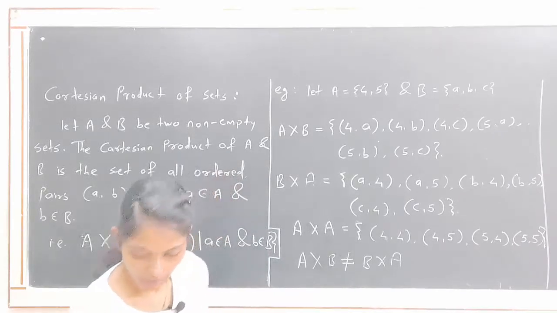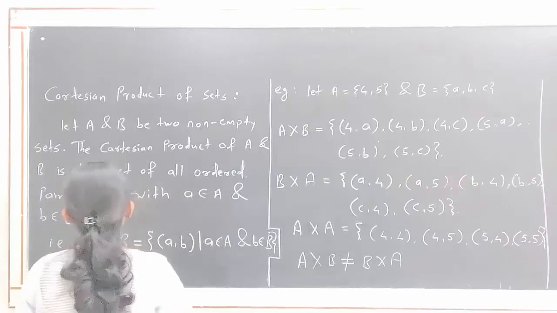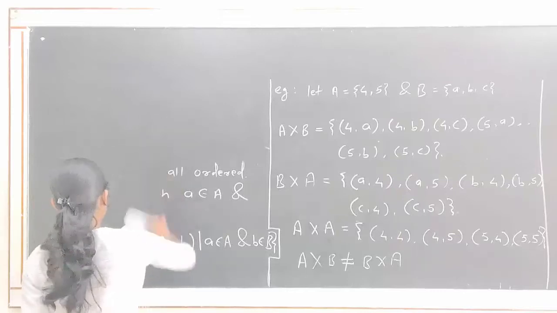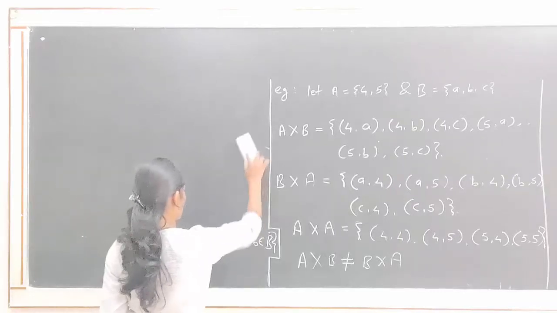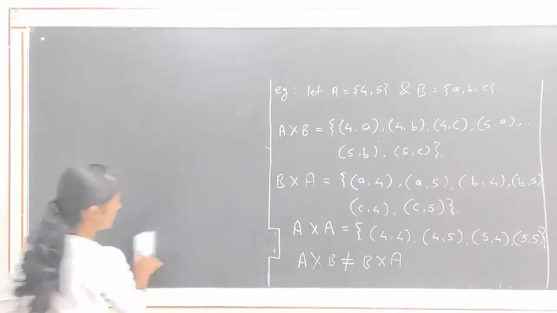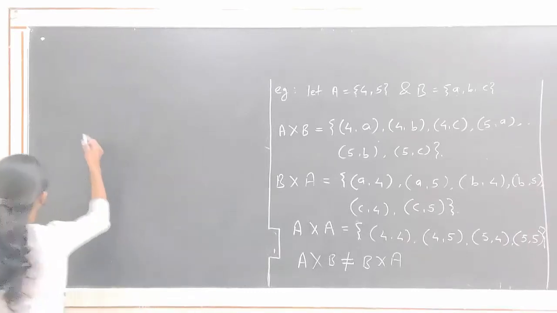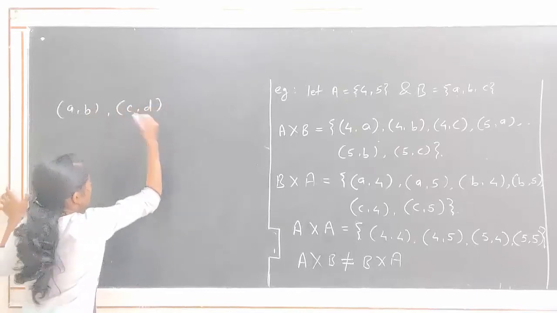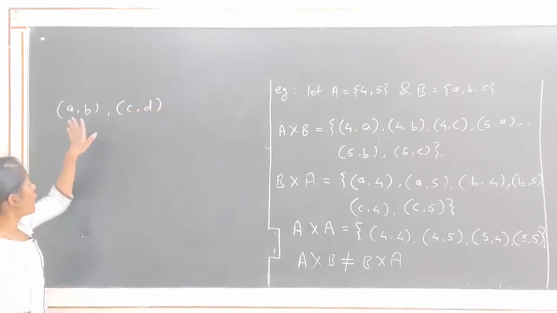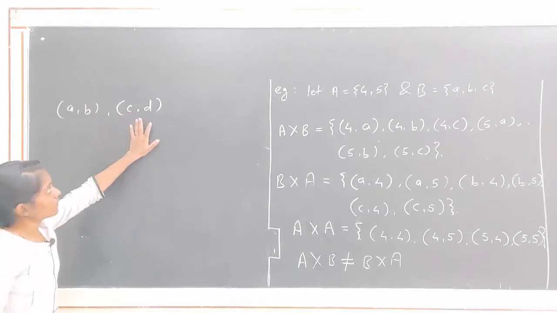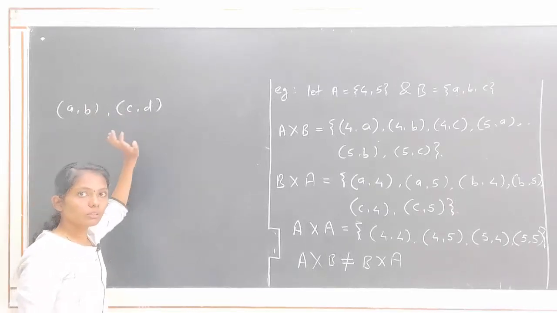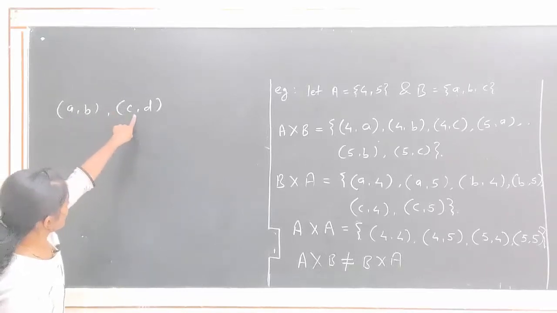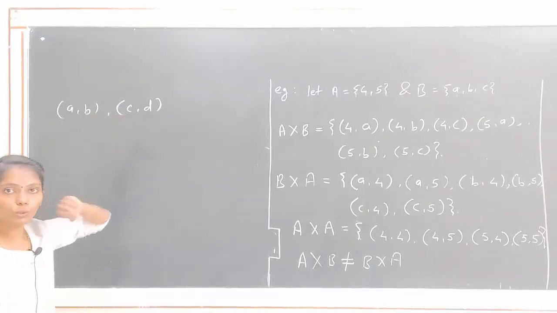Now next, again in the Cartesian product, we consider the ordered pairs (a, b) and (c, d). We say that ordered pairs (a, b) and (c, d) are equal if and only if a is equal to c and b is equal to d.